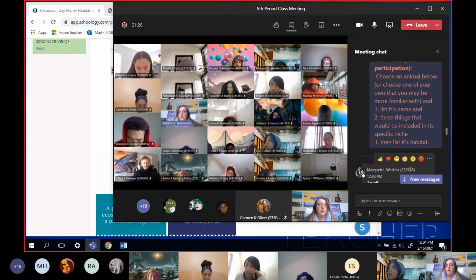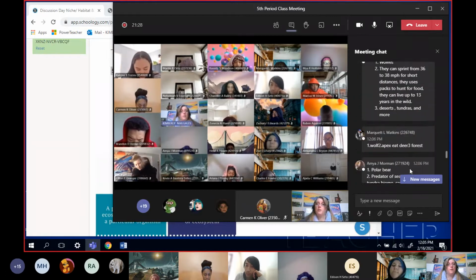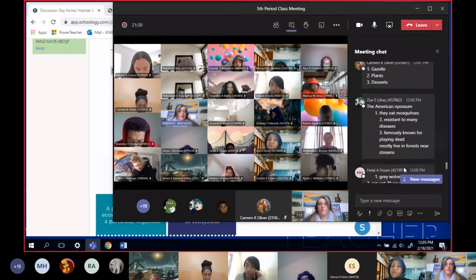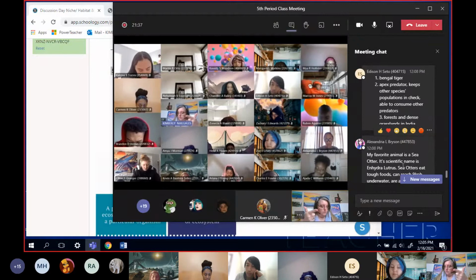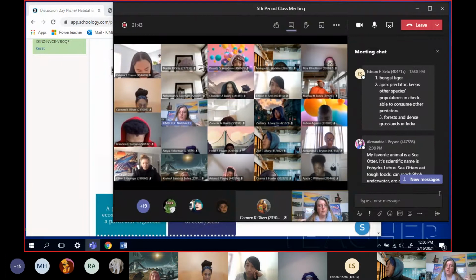And this will be a separate participation grade, since there are technically 5 things I'm looking for. You've got the name of the animal first. Under the niche, you've got 3 things you were telling me about the niche, and then you have the habitat. So that's technically 5 things altogether I'll be looking for.